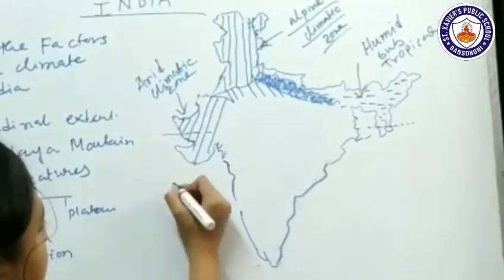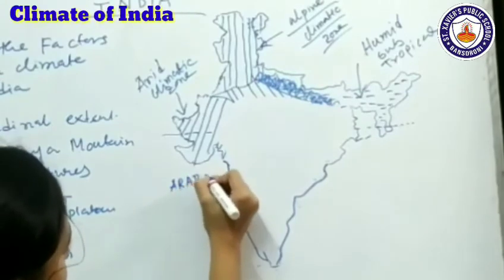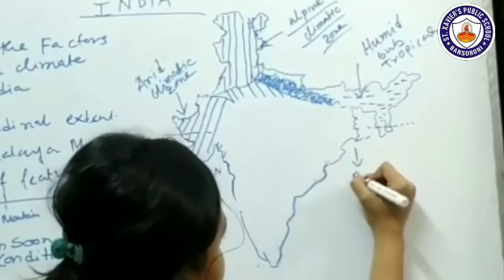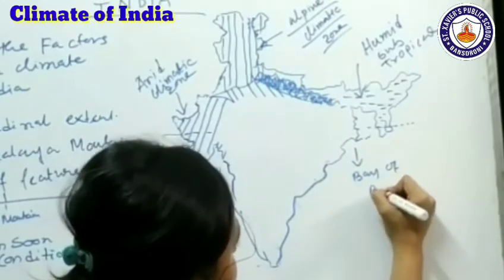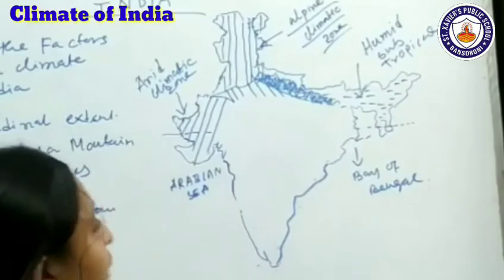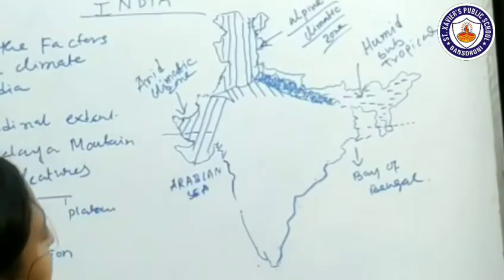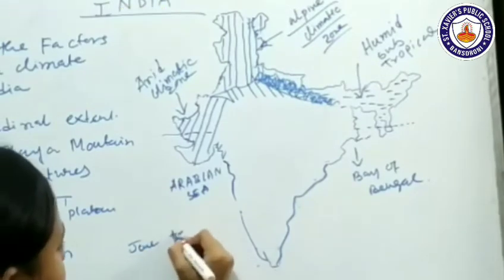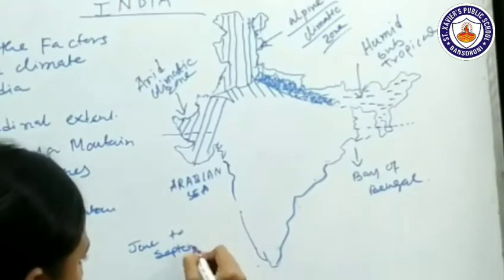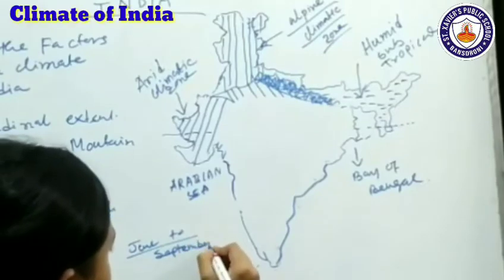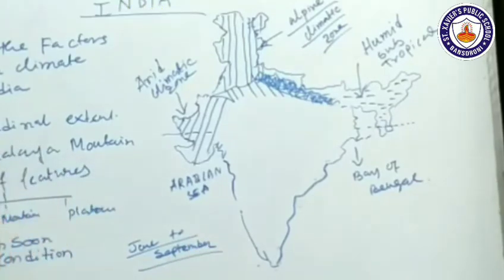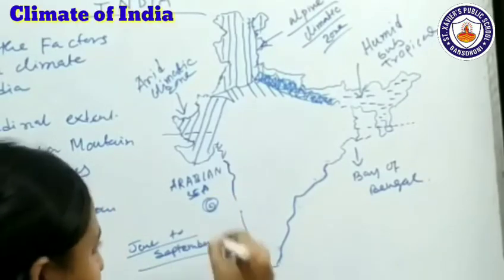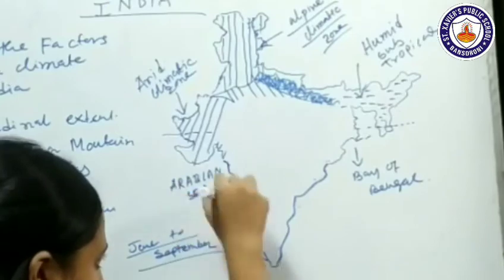Right? So this is the Arabian Sea, and we know that this portion is the Bay of Bengal. In June to September, there is a wind which is developed over here, and it creates a low pressure in between this portion.